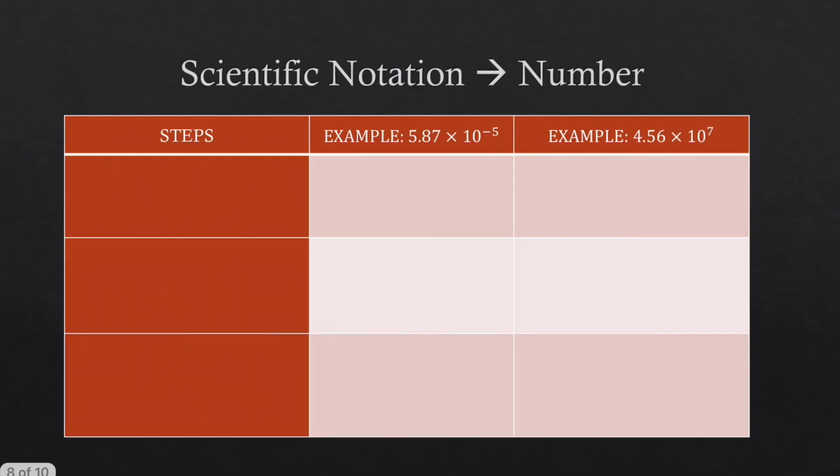Converting back to a number is pretty similar. So first, you're going to write down the digits without the decimal point.